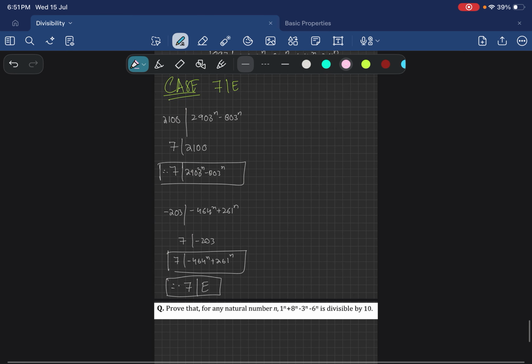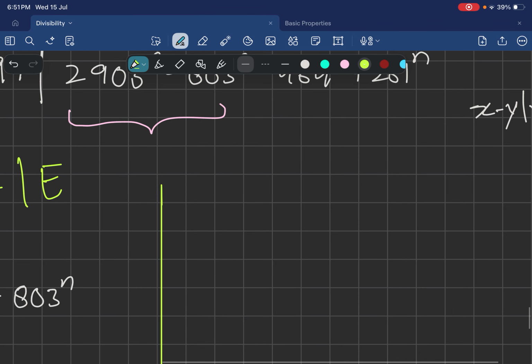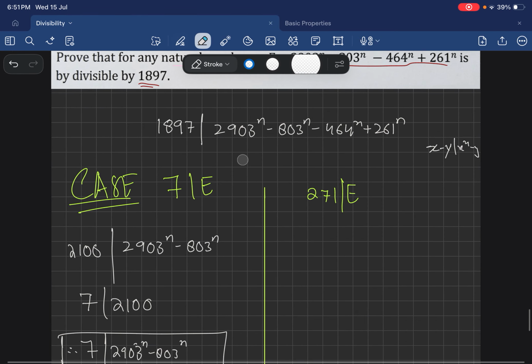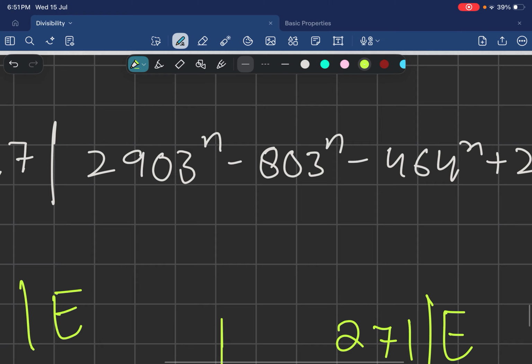Now looking at case 2, we do the same thing. We want to show that 271 divides E. We have these four terms.